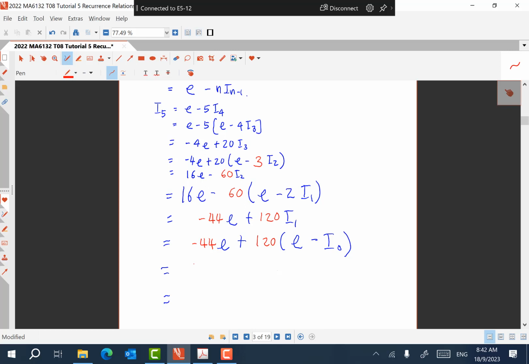Okay, so let's press on with this: minus 44e plus 120e minus 120, e to the power of x from 0 to 1. I think it's correct here. It is minus 44e plus 120.